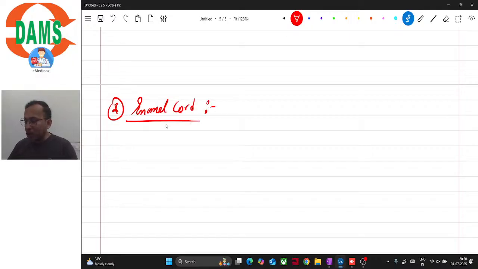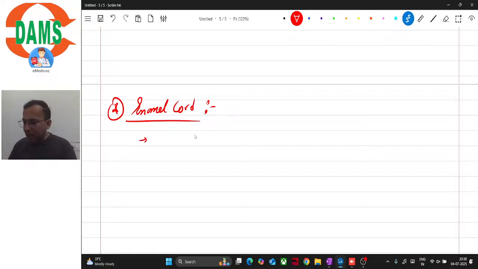Right? Enamel cord again, it's a structure made up of epithelial cells, just like the enamel knot or any other cell present in the cap stage, because all the cells present in the cap are epithelial cells, isn't it?